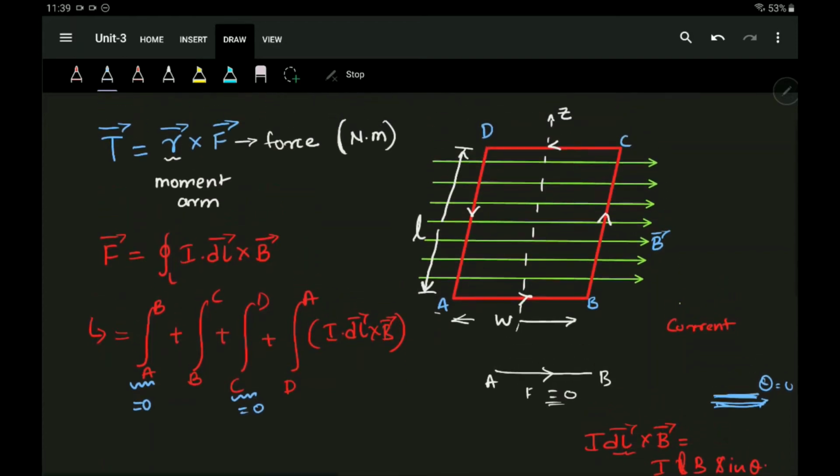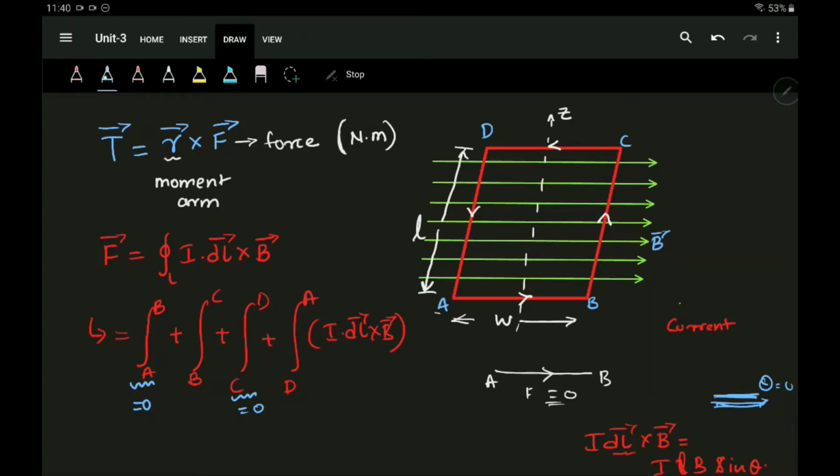Now coming to the path B to C. If you apply the right hand rule, the image of which I shared in the Edmodo app, the force experienced by this particular B to C stretch I can represent in this manner.